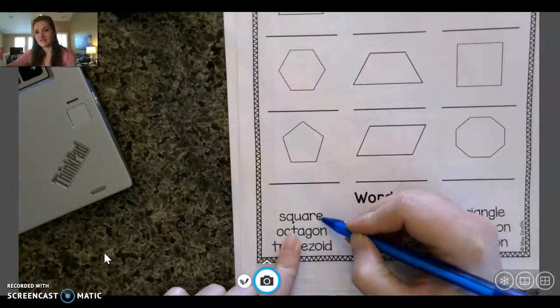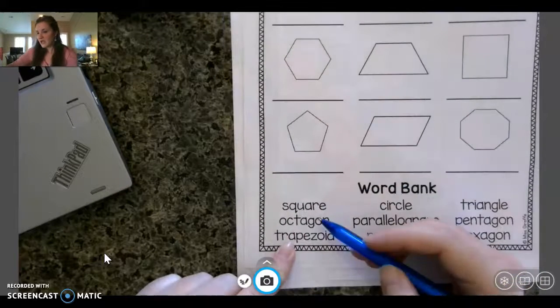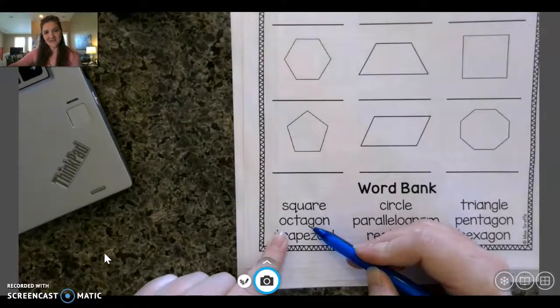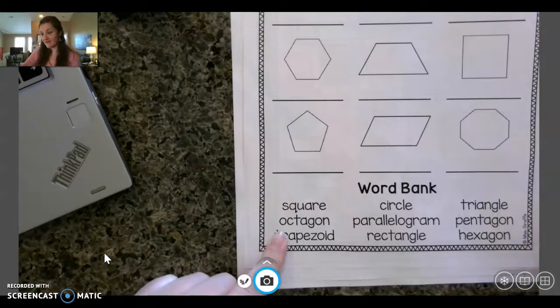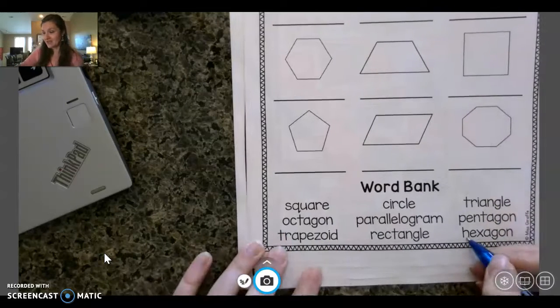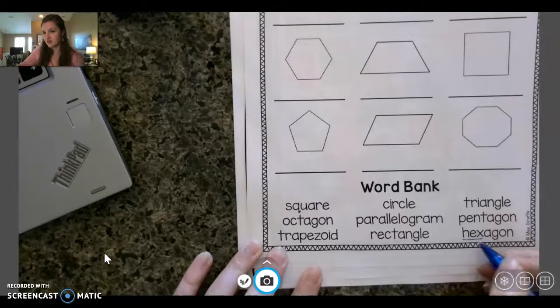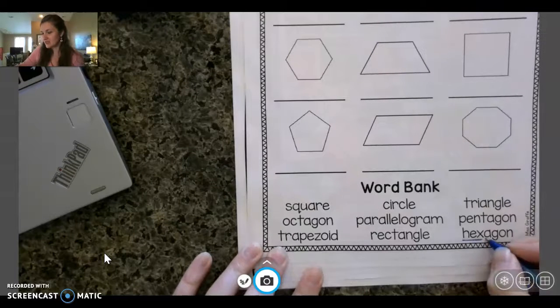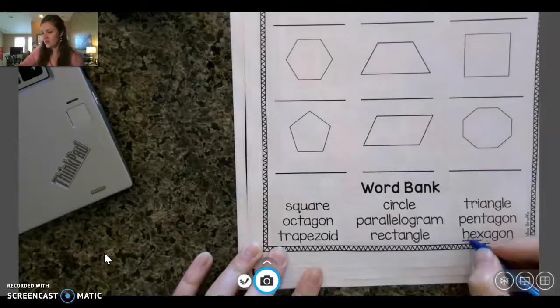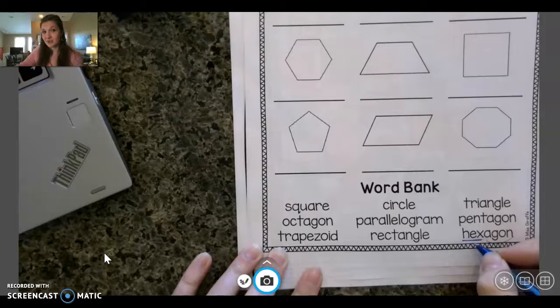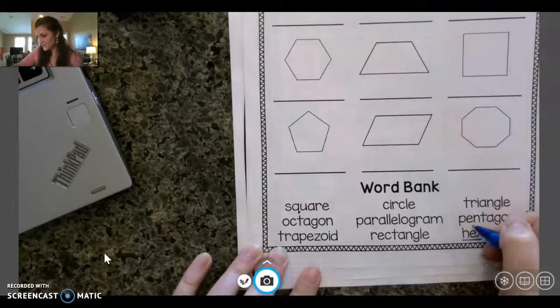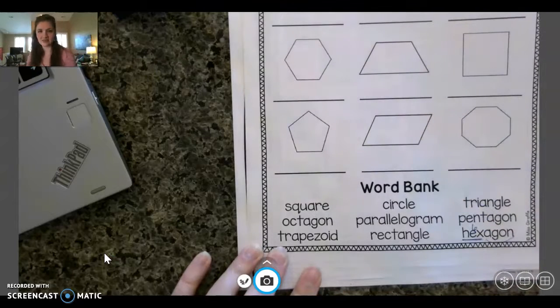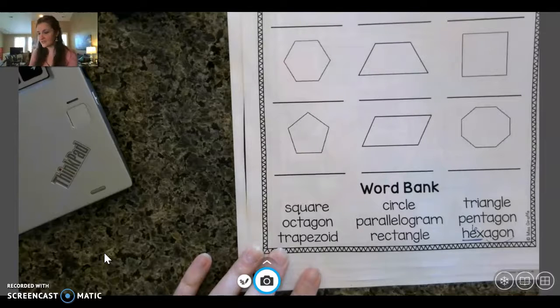Okay, so I'm going to just leave that one. Octagon. We haven't talked about an octagon. We have talked about a hexagon. So over here we have hexagon. Notice it says agon at the end. Well, that hex is a prefix, which actually means 6, because a hexagon has 6 sides.